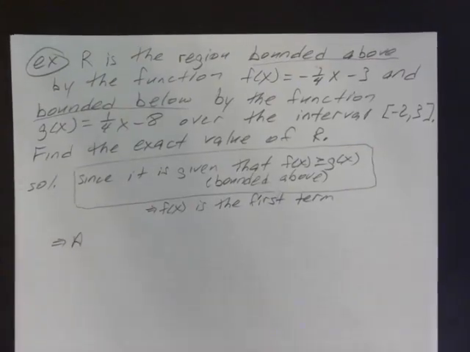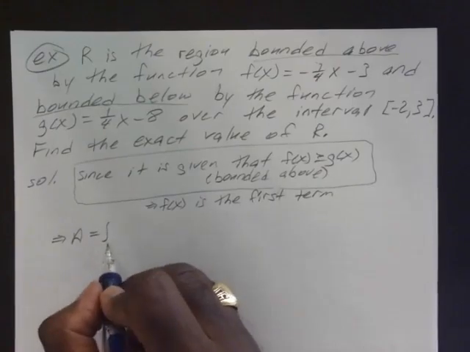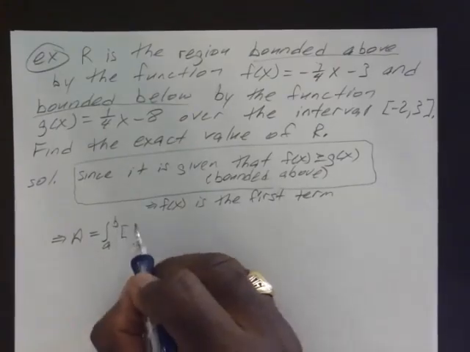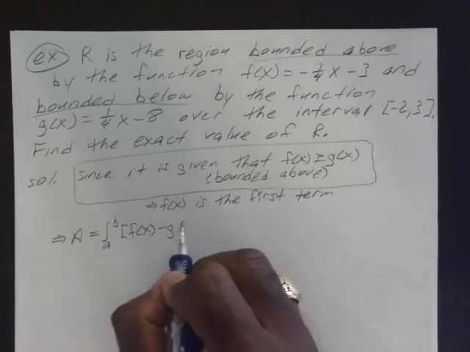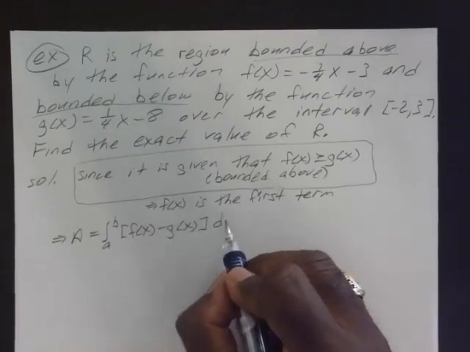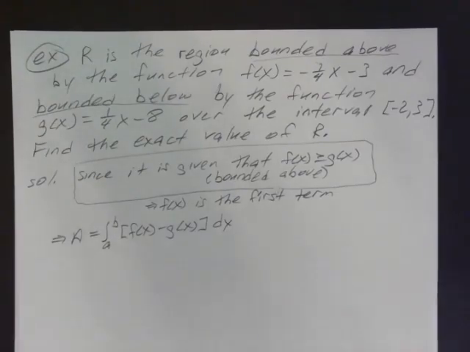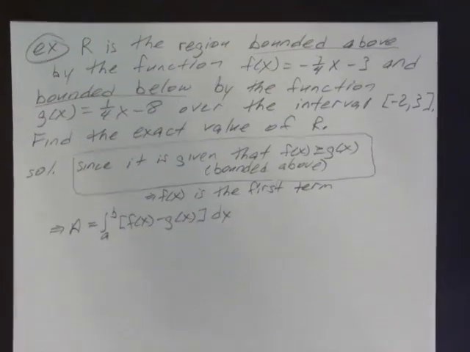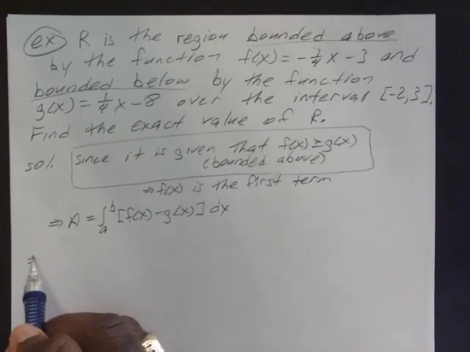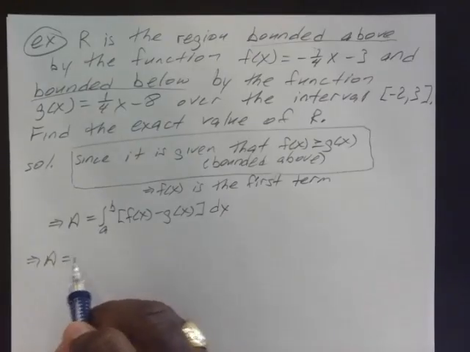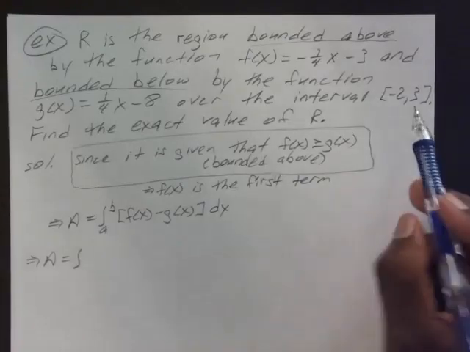So we know that the area of that region is going to be the integral from a to b of f of x minus g of x with respect to x. Okay, so that means our area is equal to the integral from -2 to 3.